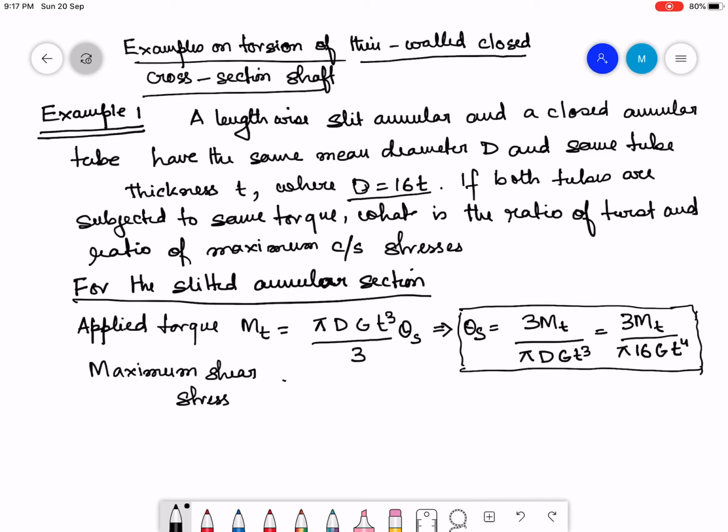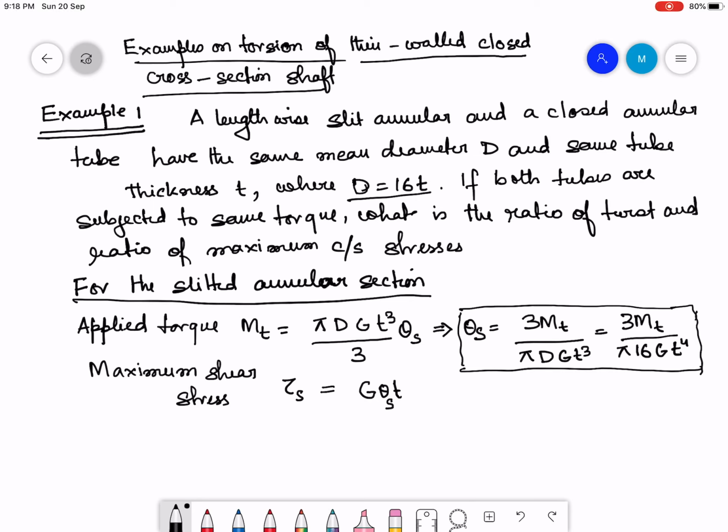Let me call this tau s, s standing for slitted cross section. So tau s I know is going to be g theta s t, but we have to write it in terms of mt, the applied torque.